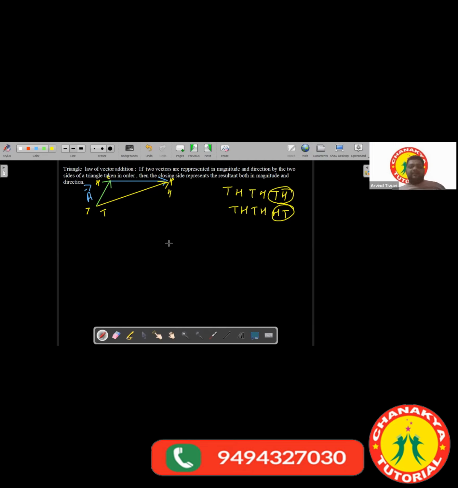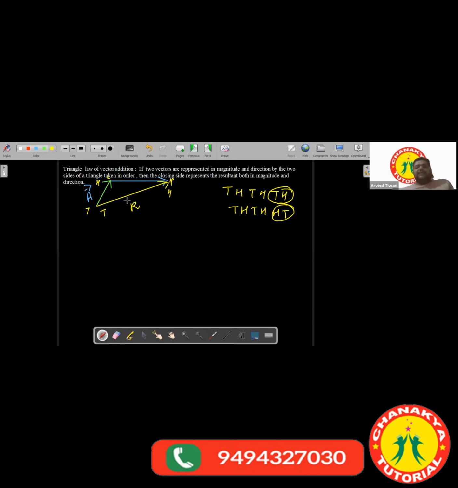So see here, I hope you have understood how to find the resultant of these two vectors. Now our target is, since this yellow line represents the resultant both in magnitude and direction, if I find the length of R, that will be the magnitude of the resultant vector.